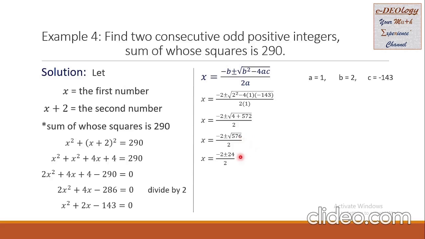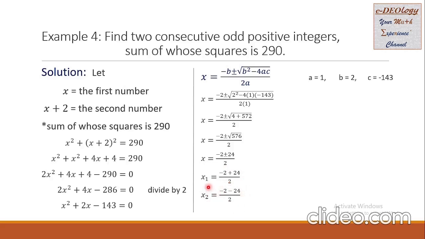Now let us separate the values of x into two. One using the positive, the other the negative. So x of 1 equals negative 2 plus 24 over 2. X of 2 equals negative 2 minus 24 over 2.